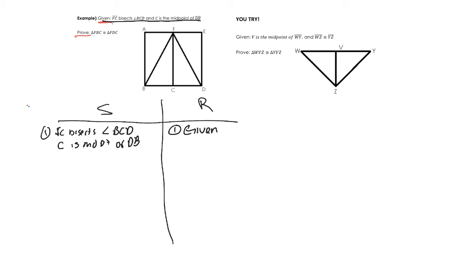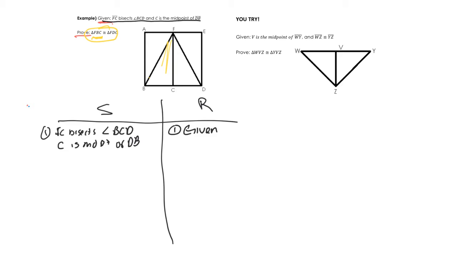So that's my givens. One thing I really like to do is look at what I'm trying to prove, especially when my diagram's complicated. If you look over here at the Try, this is going to be easy because there's only two triangles. Here I have 1, 2, 3, 4 triangles. So it's more complicated. So I want to make sure I know which ones I'm looking at. FBC, that's this triangle.